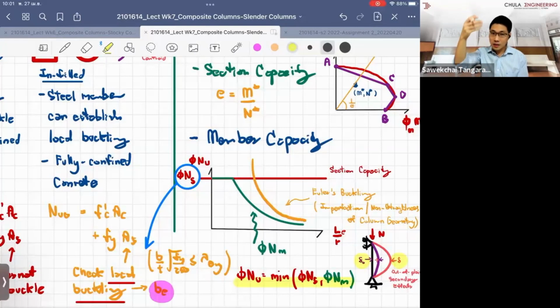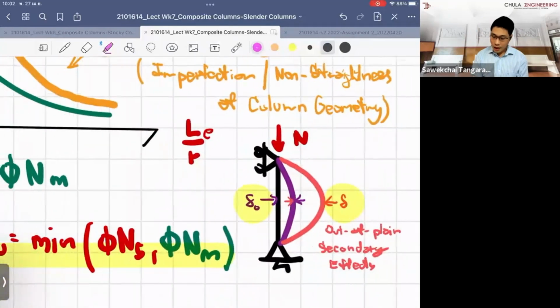When there is a compression force, it easily makes the steel member lose its initial shape. If the initial shape is a straight line, it loses straightness from buckling. When it loses straightness, it creates what is called out of plane, or what we normally call a secondary effect.